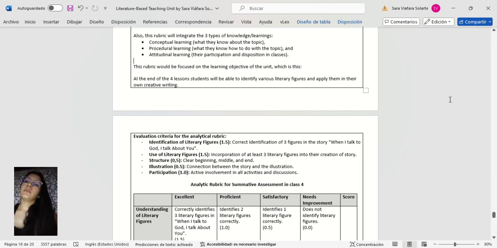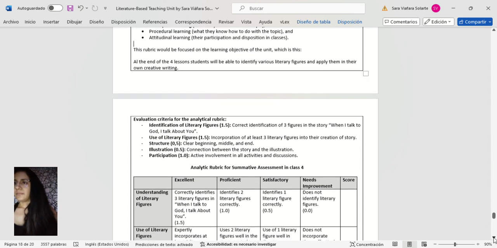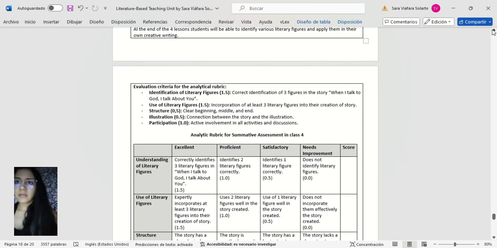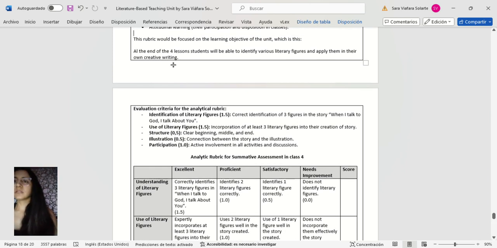This rubric will be focused on the learning objective of the unit, which is that at the end of the 4 lessons, the students will be able to identify various literary figures and apply them in their own creative writing.